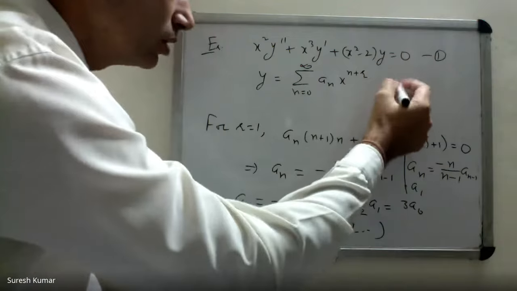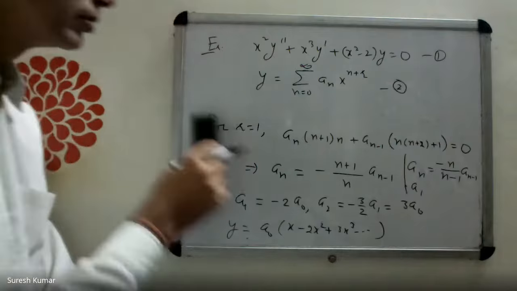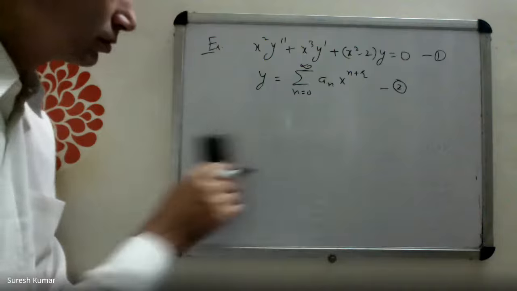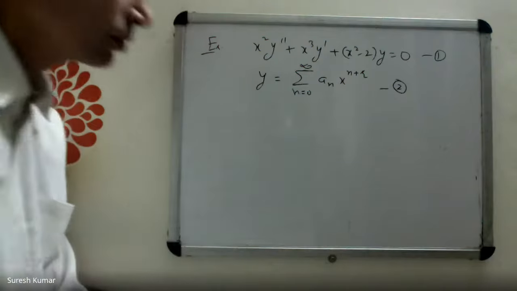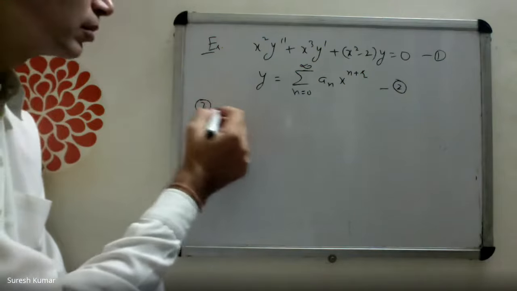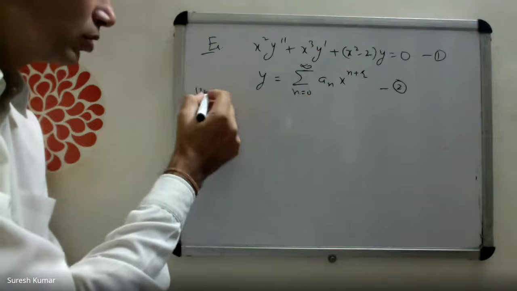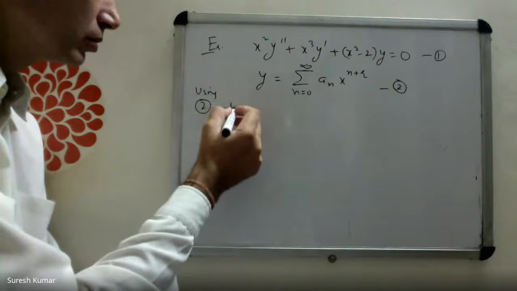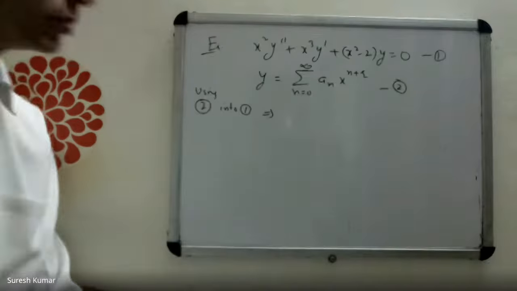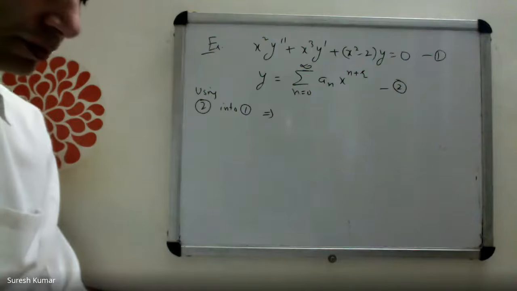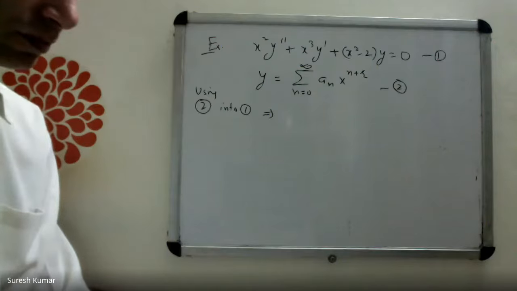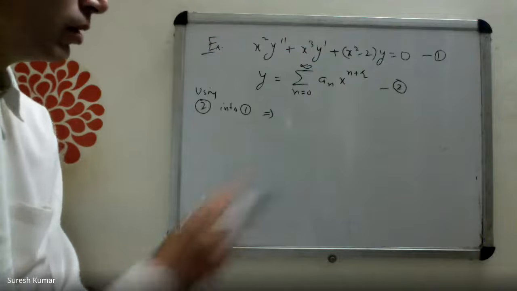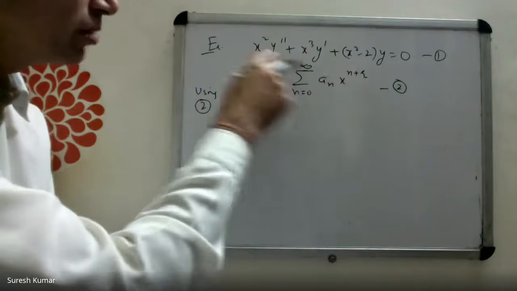Using 2 into 1. See what do you get. Two derivatives of y multiplied with x square.